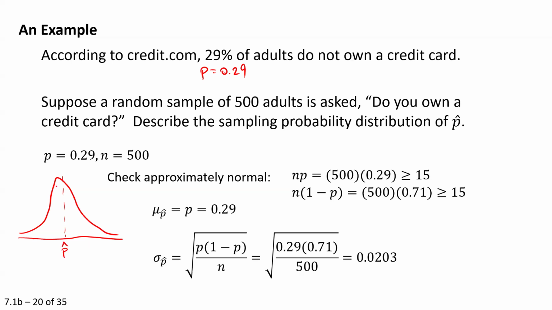What would the mean be? For a proportion? Yeah. 500 is the sample size. What should the mean proportion be?